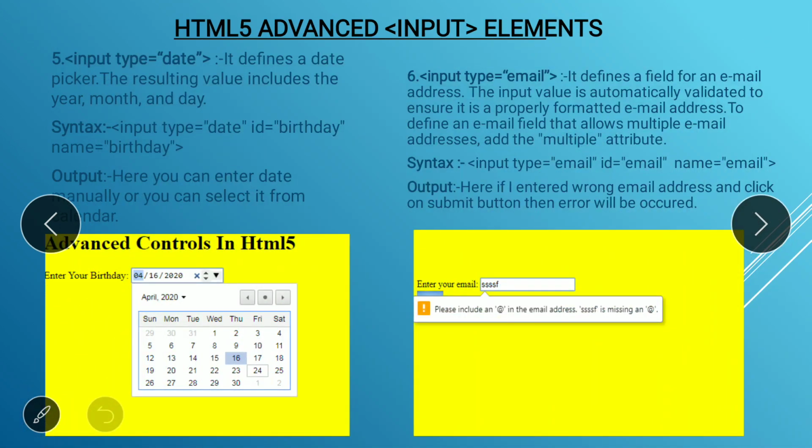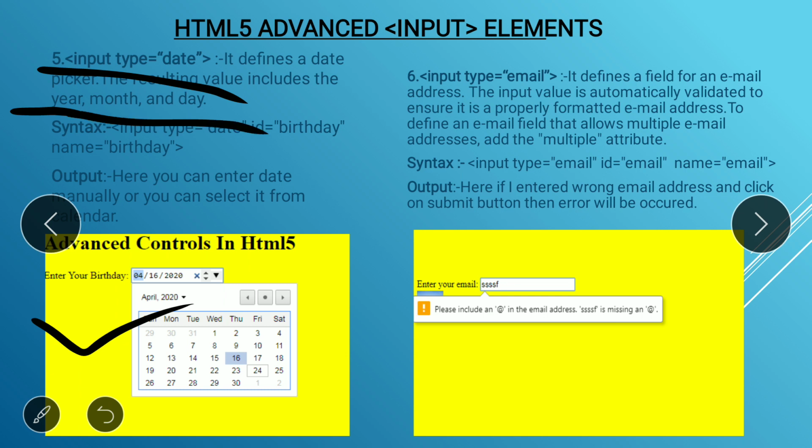Next is the date, where you can see a date picker, right? In that you can select the year, month and day.